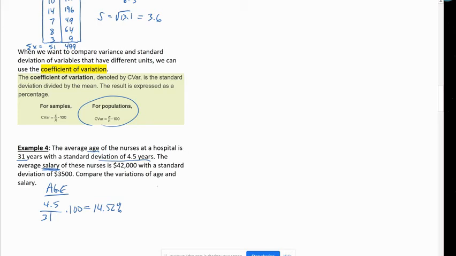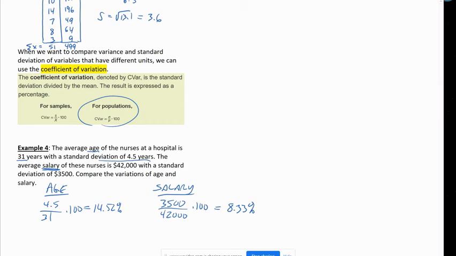And then for salary, we do the same thing. If we take the standard deviation of 3,500, divide by the average 42,000, and multiply by 100, we get 8.33%.